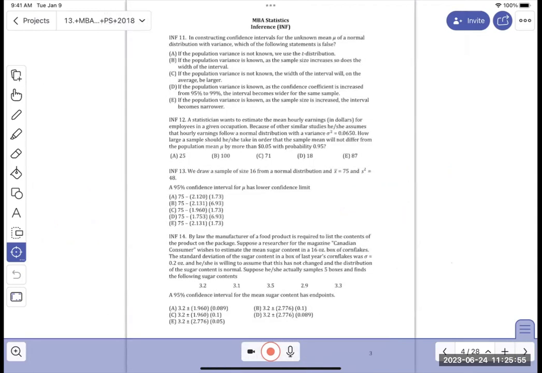Let's get into hypothesis testing. Let's look at 14.